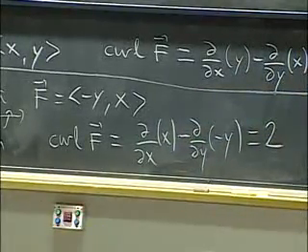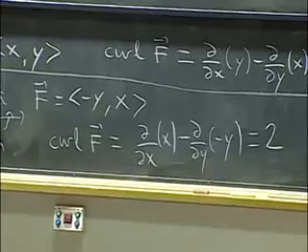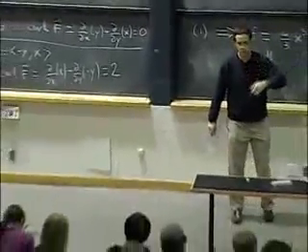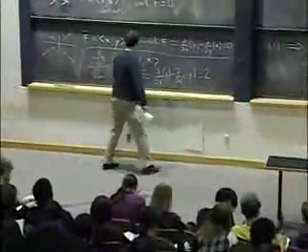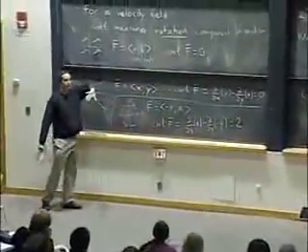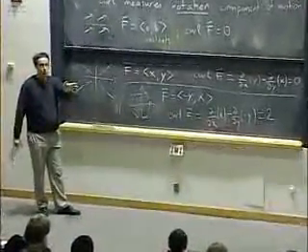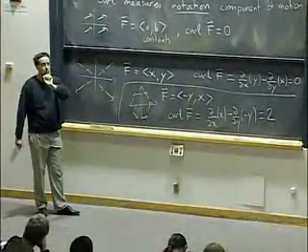And that corresponds to the fact that we are rotating. Actually, we're rotating at unit angular speed. So the curl actually measures twice the angular speed of the rotation part of a motion at any given point.